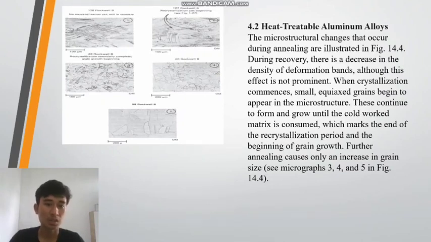When recrystallization commences, small equiaxed grains begin to appear in the microstructure. These continue to form and grow until the cold worked matrix is consumed, which marks the end of the recrystallization period and the beginning of grain growth. Further annealing causes only an increase in grain size.